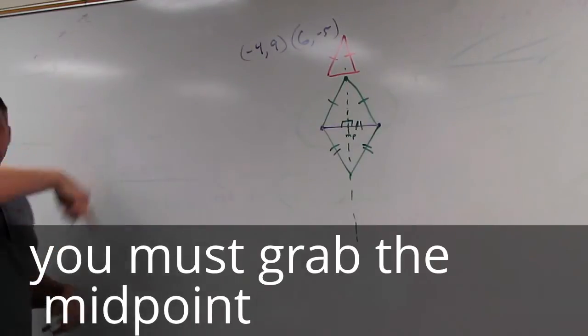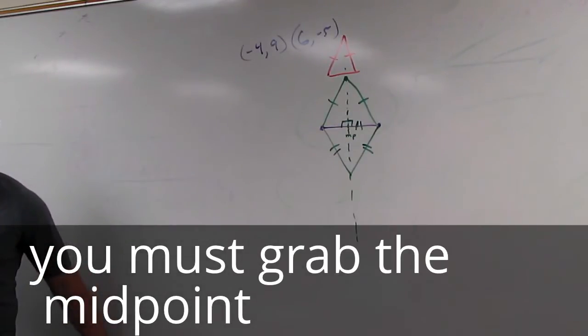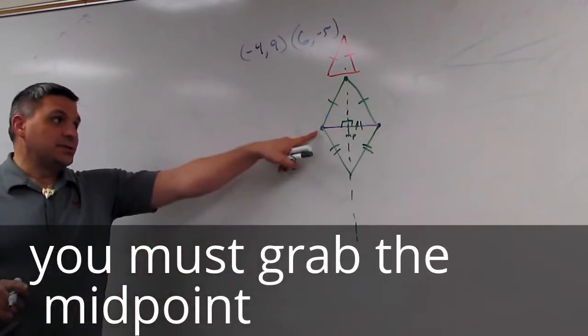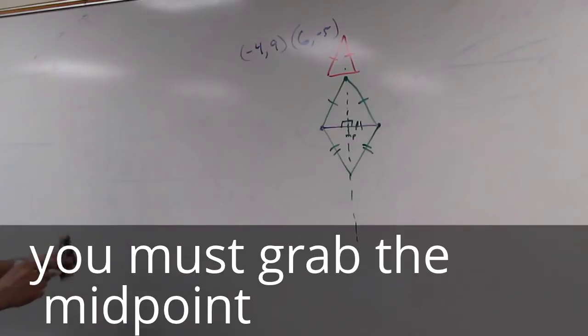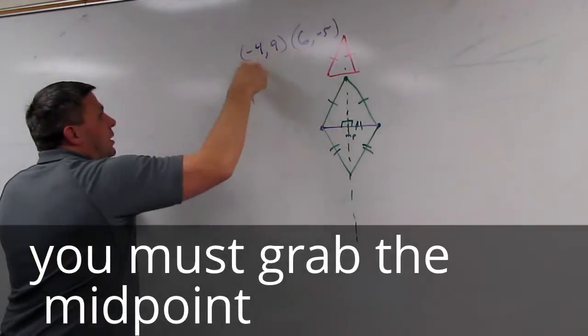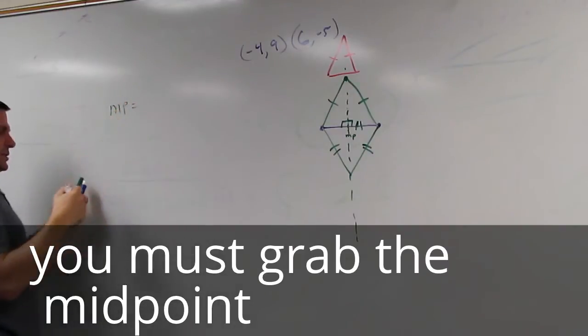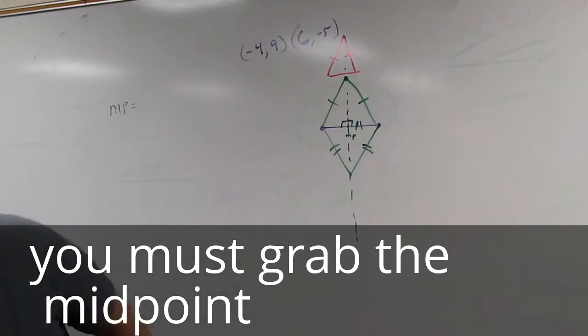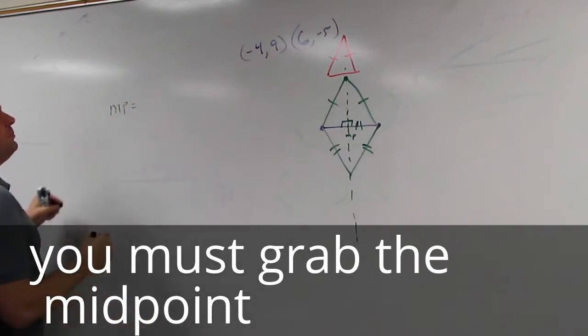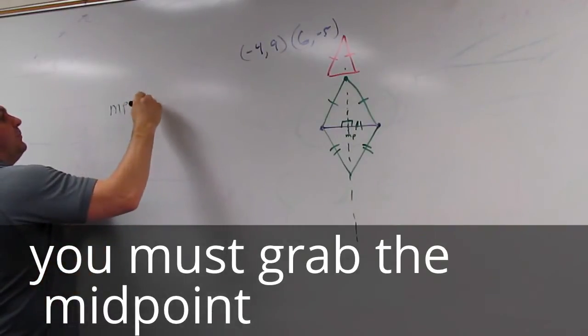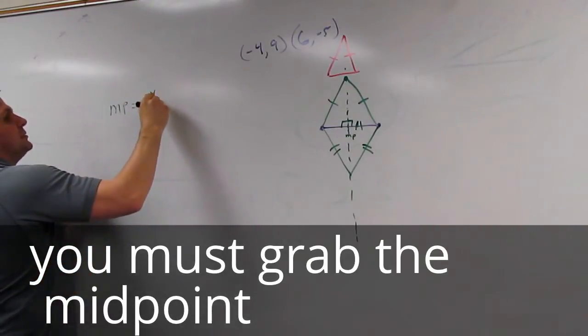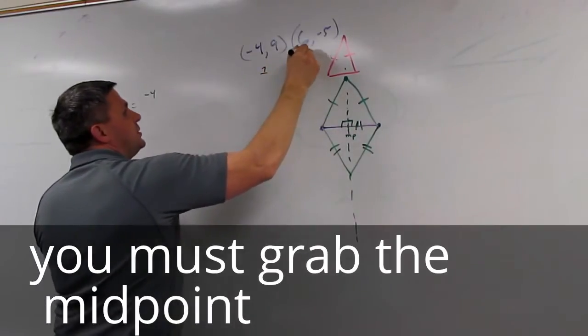Because at that midpoint, we need to find a line that goes perpendicularly through it, perpendicular to this line. Okay? So the midpoint, MP, would be equal to the x's, so let's call this 1 and 2.